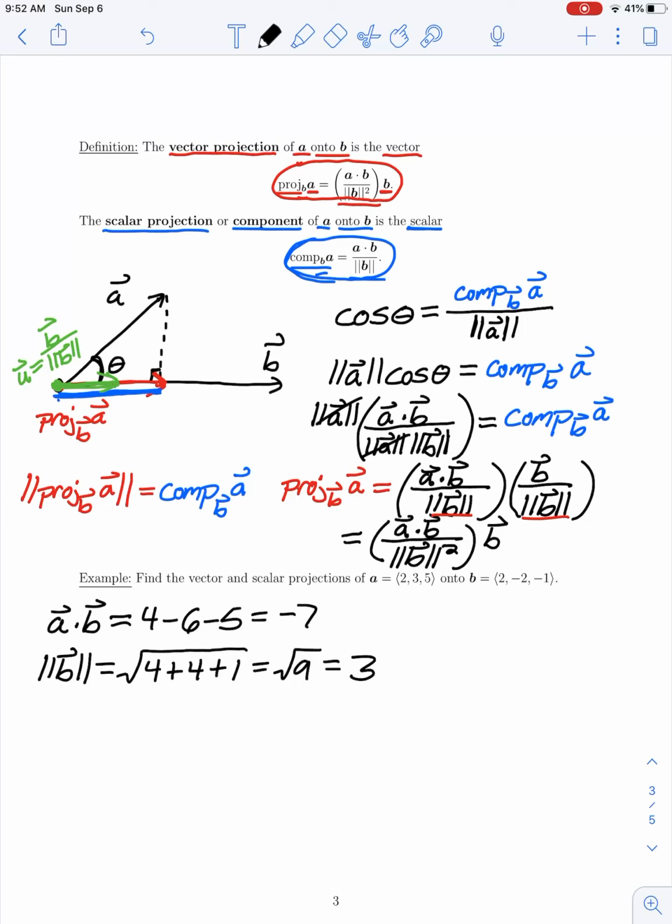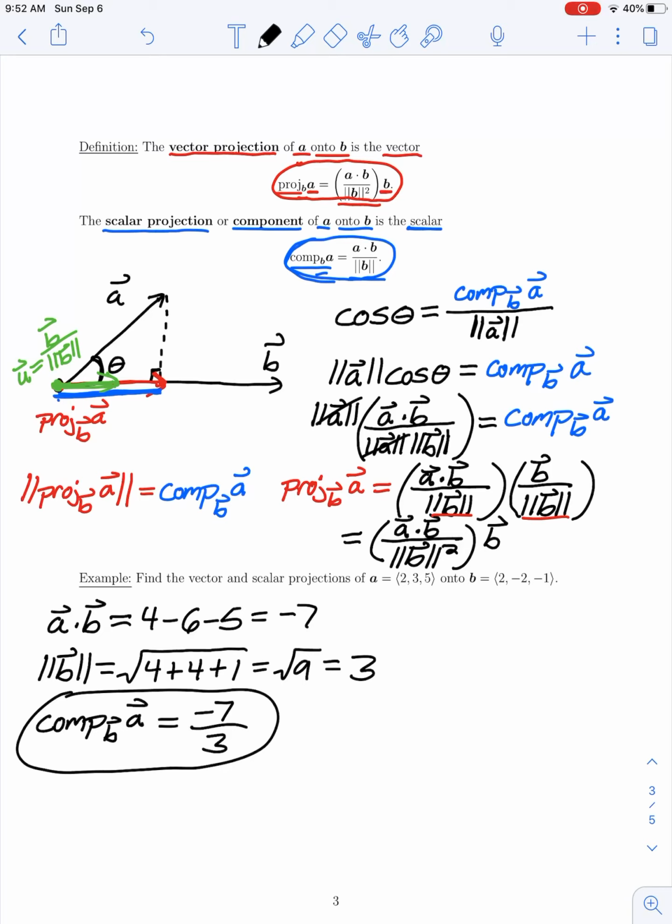So once we have these expressions, we're ready to calculate the component of A onto B, or the scalar projection of A onto B, which is defined as the dot product of those vectors, so -7, divided by just the magnitude of B. So in this case, 3.